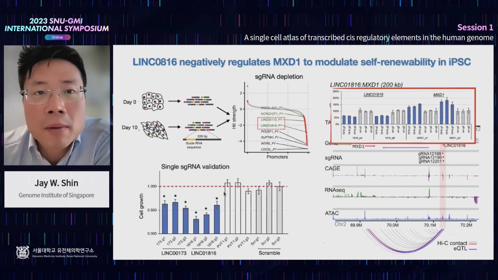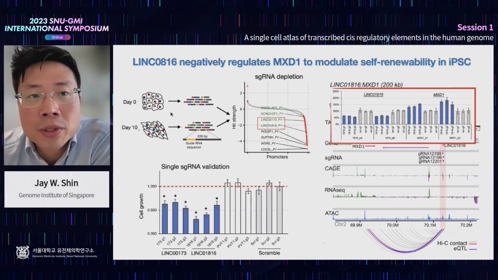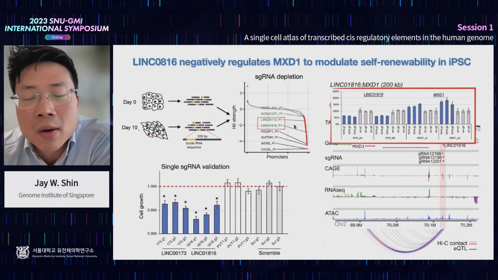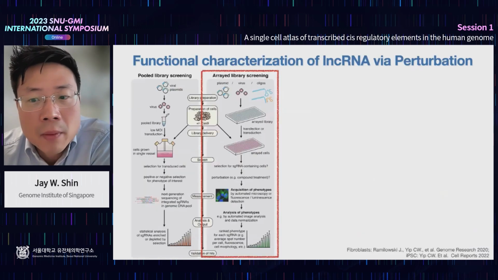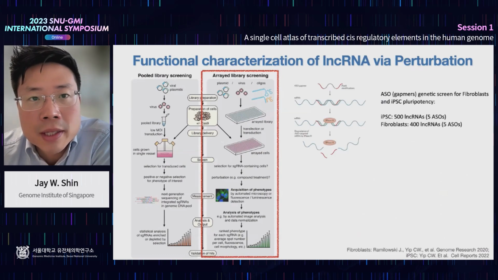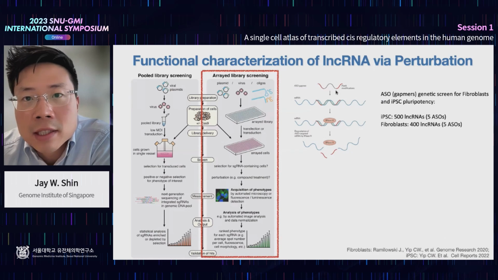So it's just one example of how we can use pooled screening to identify a non-coding RNA. But we have also approached this with array-based screening using antisense oligos. These are single-stranded DNA that can hybridize to RNA, and that RNA-DNA duplex elicits an RNase H cleavage, which then suppresses the gene activity.